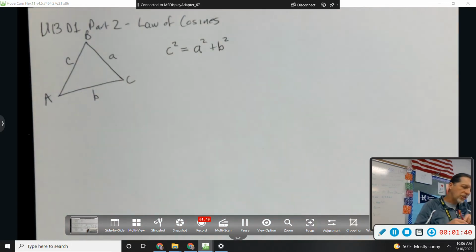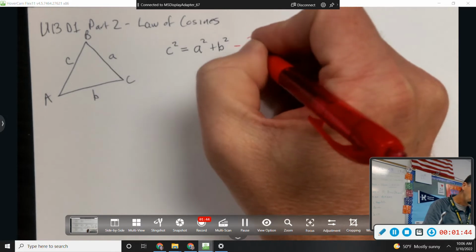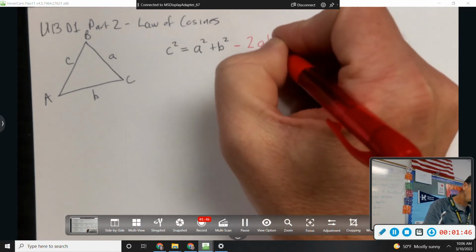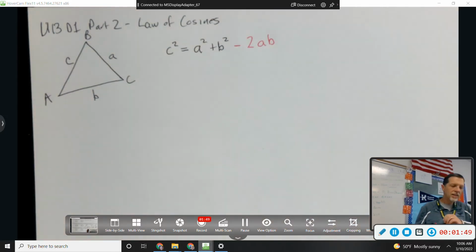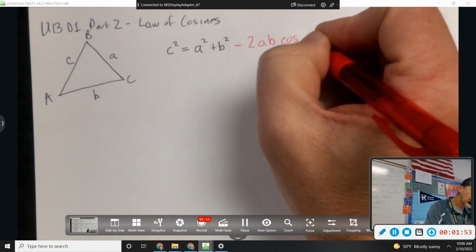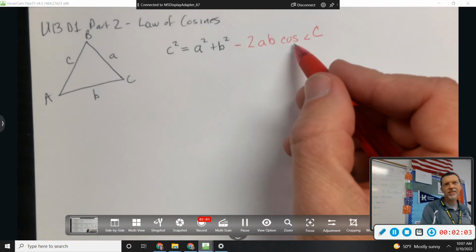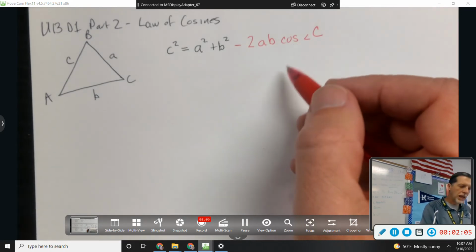Here's the extra stuff. Minus 2ab cosine of angle C. And now you know why it's called law of cosines, because it uses the cosine rather than a sine.